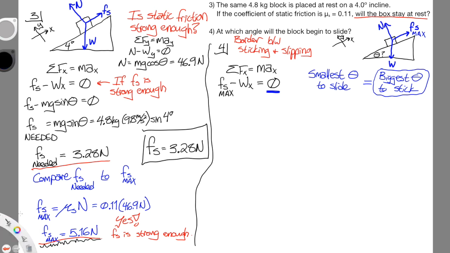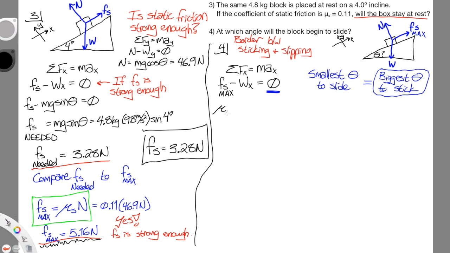So plugging in some formulas here. Now we can make use of the formula I wrote down earlier, that the maximum force of static friction is the coefficient of static friction times the normal force. So because we're dealing with the maximum value of static friction, we do have a formula.